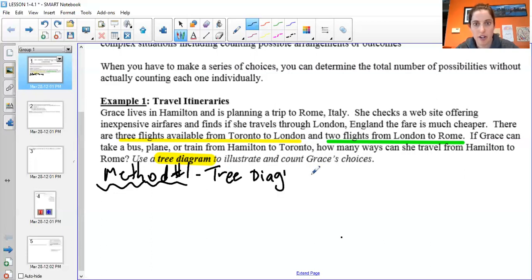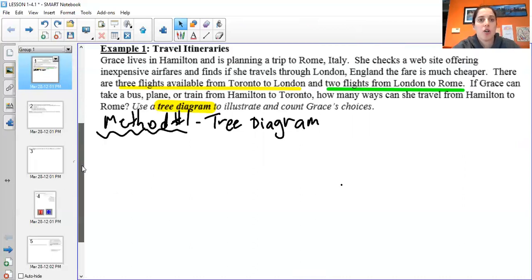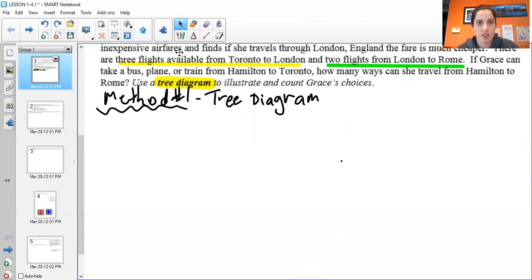Okay, so tree diagram. When you're dealing with a tree diagram, you want to think about the different stages of her trip. Where did she actually start? Yes, if you said Hamilton, you are right. She started off in Hamilton and she had 3 choices.